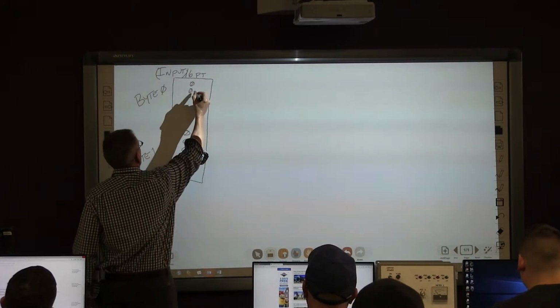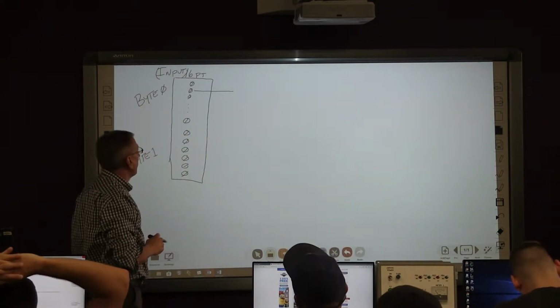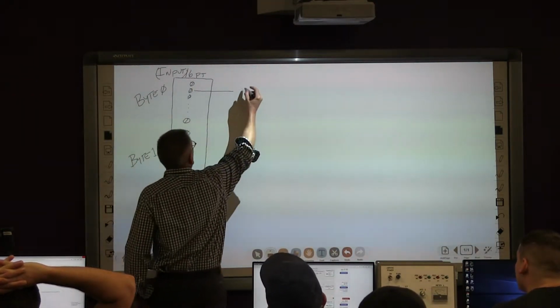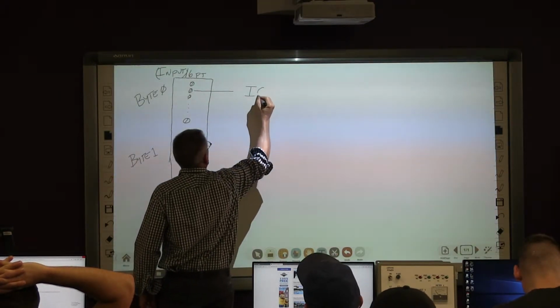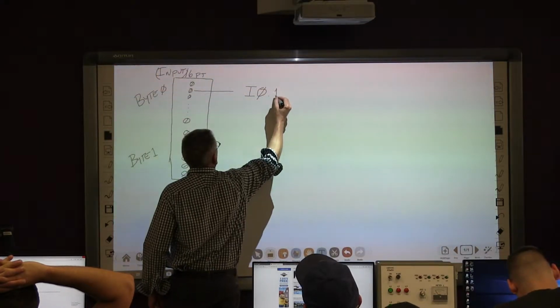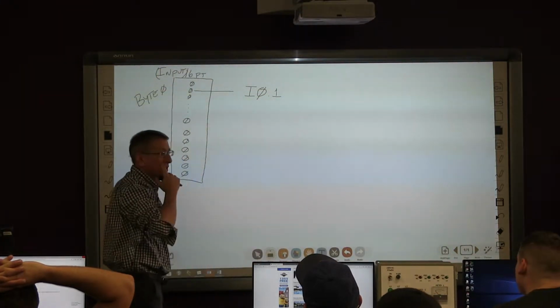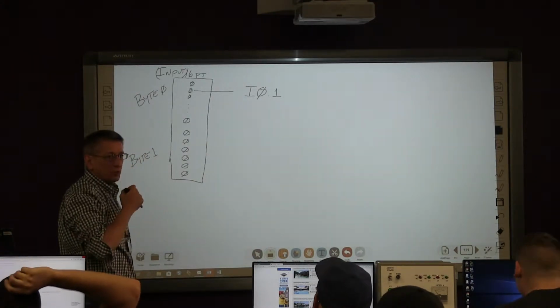I want to address the second input on this model. Byte 0, dot 1, bit 1. Byte 0, bit 1. Pretty straightforward, really.